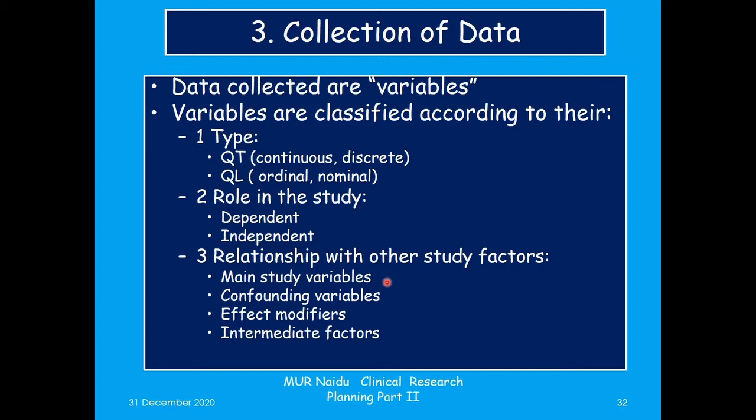There are so many confounding variables which may play a role during a clinical trial, because the patient may be taking some other drugs, or he is smoking, or he is obese. These confounding variables may affect your clinical trial and they will increase the bias.